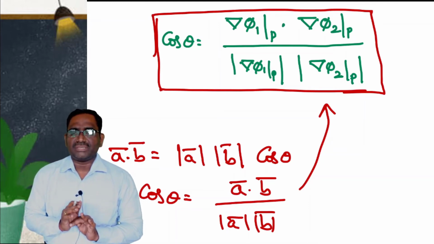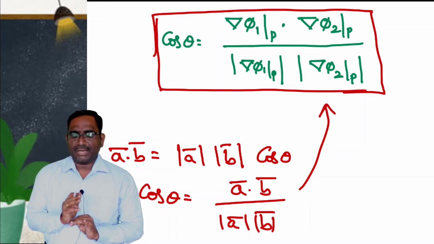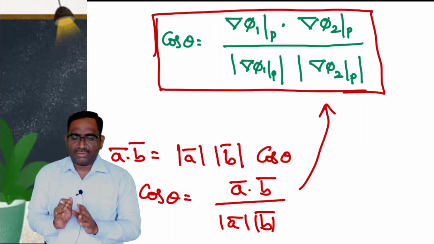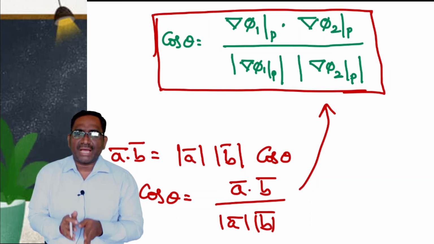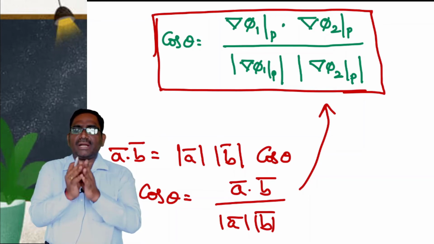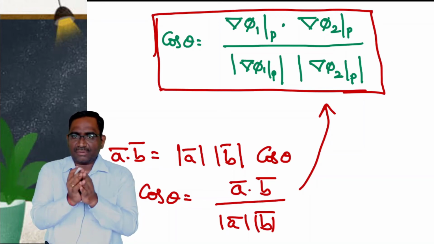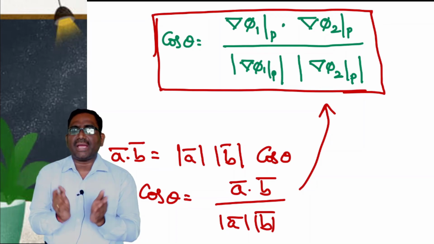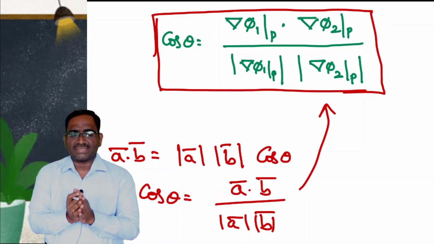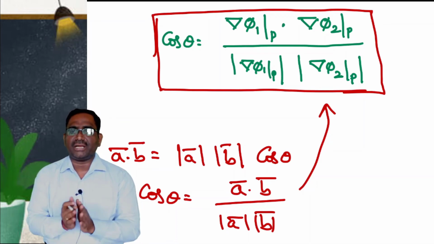The formula is del phi dot A bar by modulus of A bar. The most important, the directional derivative is always maximum in the normal direction. What is its maximum value? Take the normal vector, and find out its magnitude. It gives us the maximum value of the directional derivative.